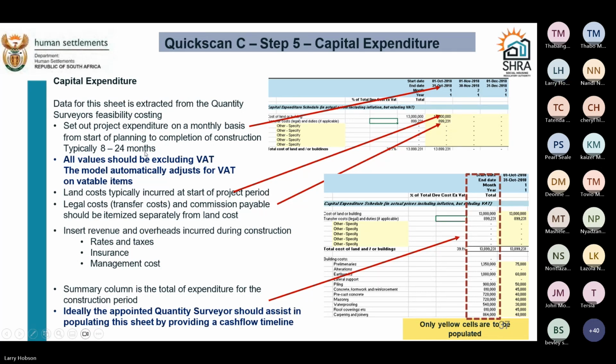So typically the projects are between 8 and 24 months. The maximum period allowed in the quick scan C is 24 months. If you do run past 24 months, you can enter a big number in the 24th month.